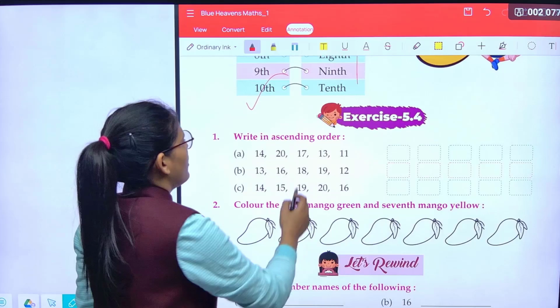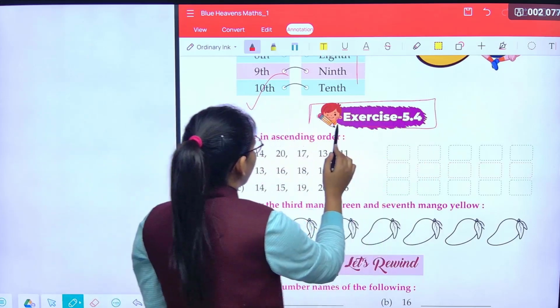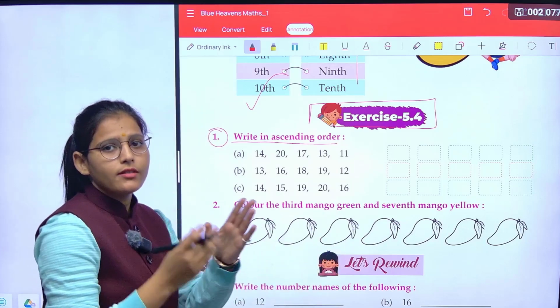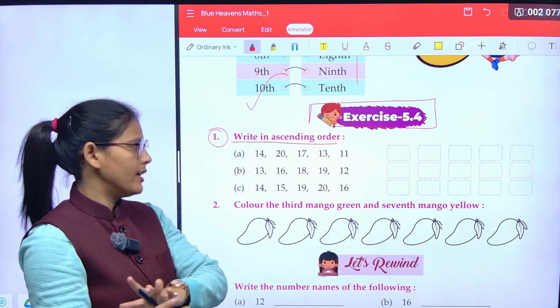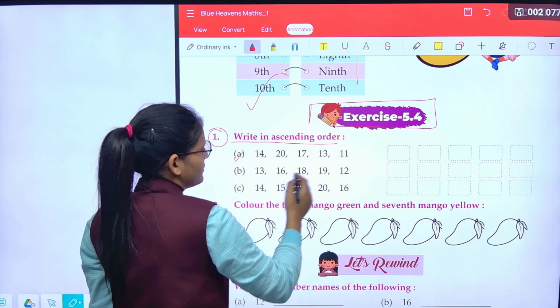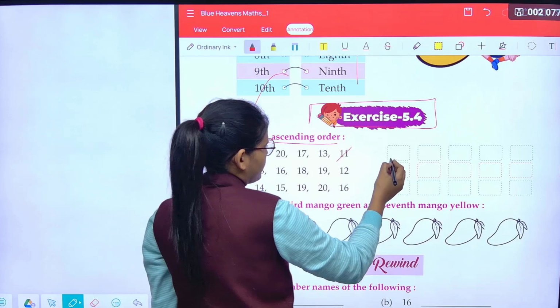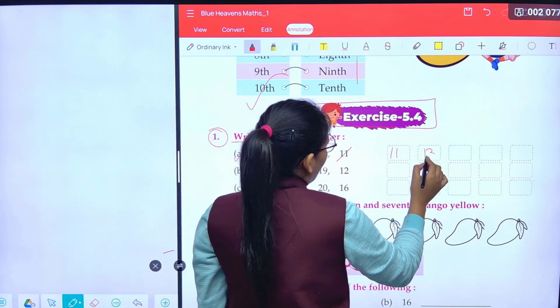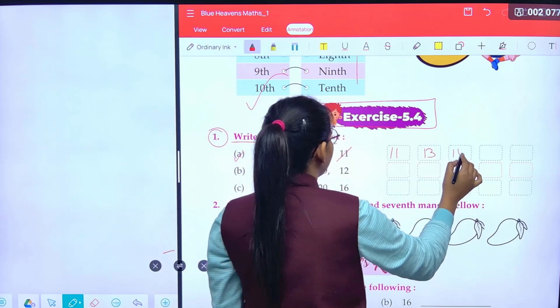Now class, come on exercise 5.4. Question number 1, write in ascending order. Ascending means smallest to biggest. Now class, which number is smallest in this line? It is 11. Now this 13. Now 14.